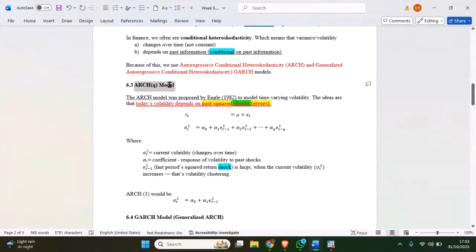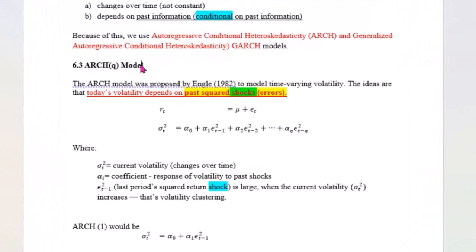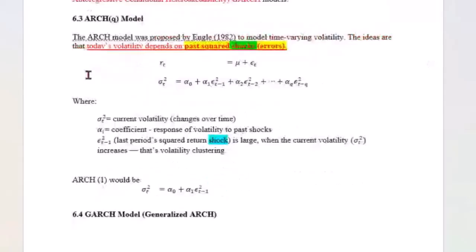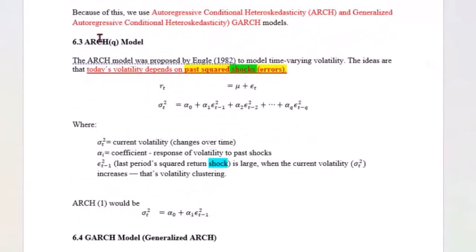So if you look carefully, you see we write ARCH(Q) models. And if you remember in our last class, our Q was the number of lags that you are going to include in a model. So in this case, we have the ARCH(Q) model.